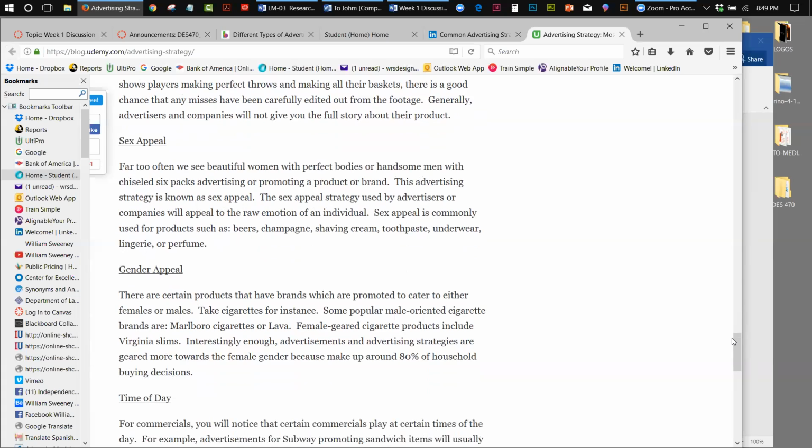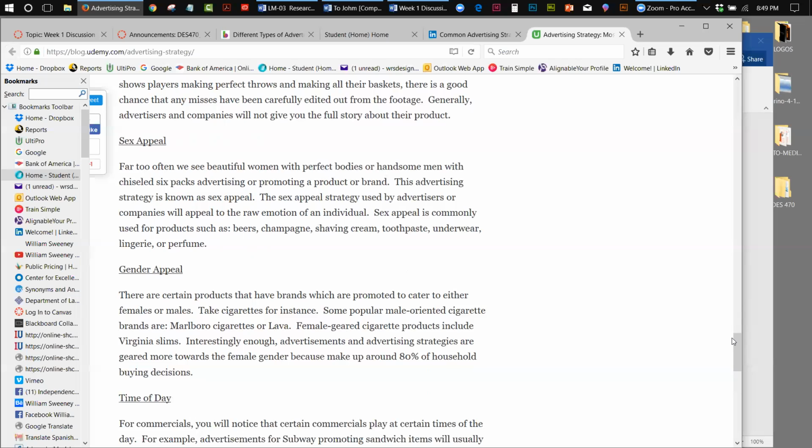Matter of fact, I can think of very few advertisements on television or anywhere where, even if they are not perfect bodies or even if they're not showing bodies, almost every person, unless they're doing some kind of quirky spin on something, everybody looks good.